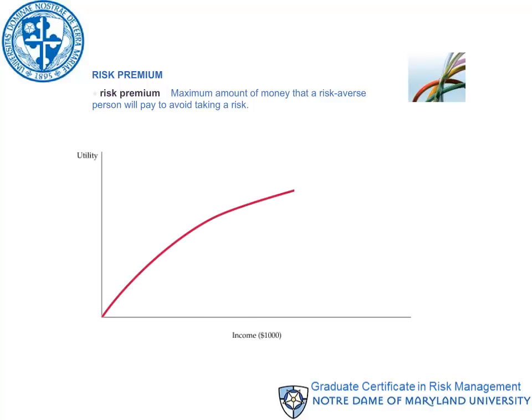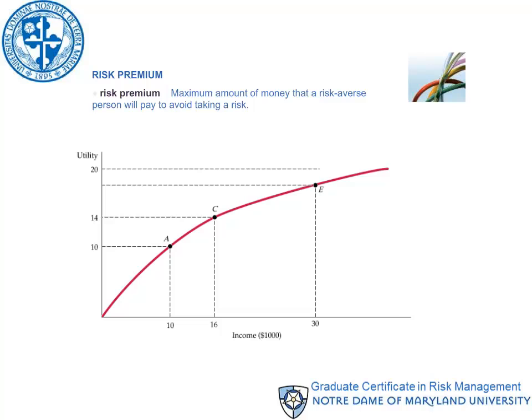The risk-averse attitude of this consumer gives rise to a risk premium. The risk premium, CF, measures the amount of income that an individual would give up to leave her indifferent between a risky choice and a certain one.